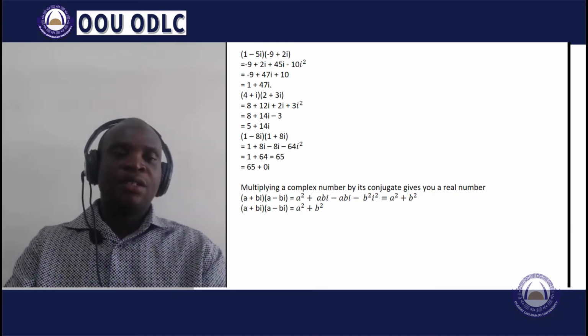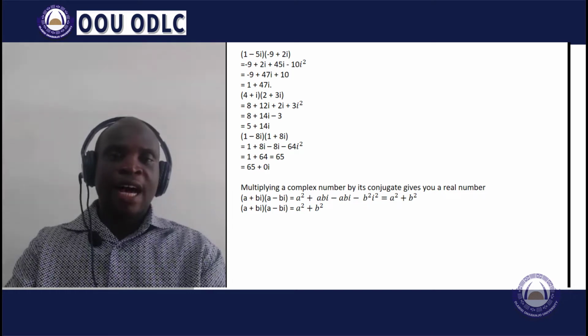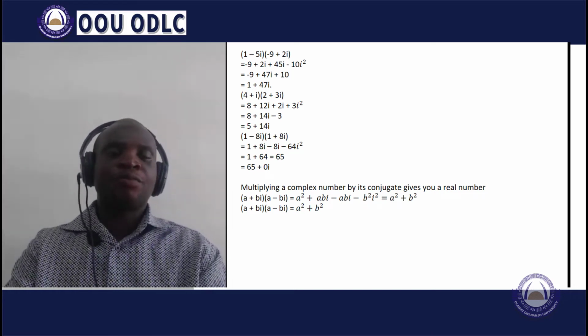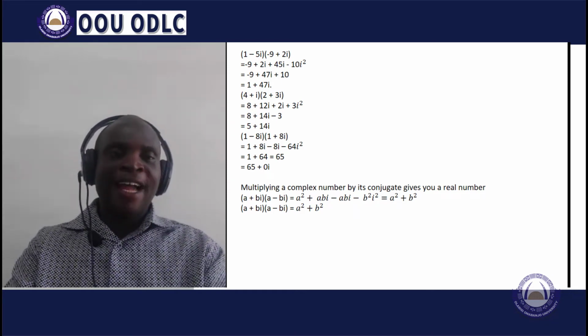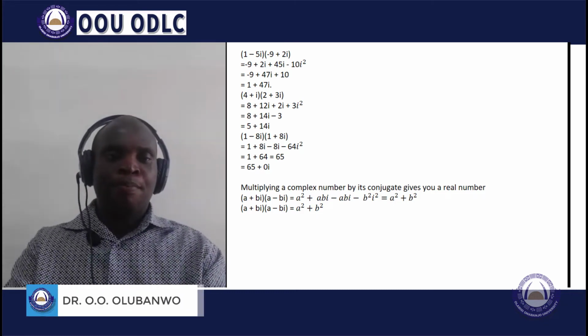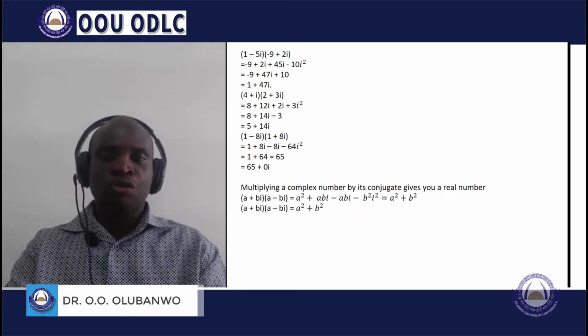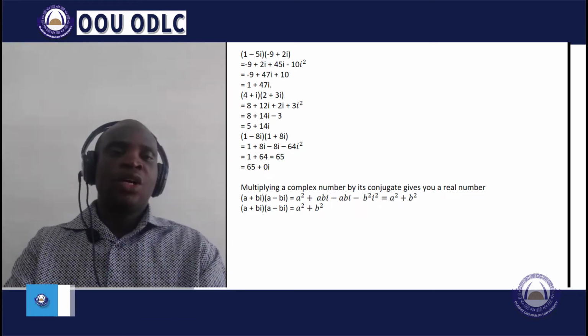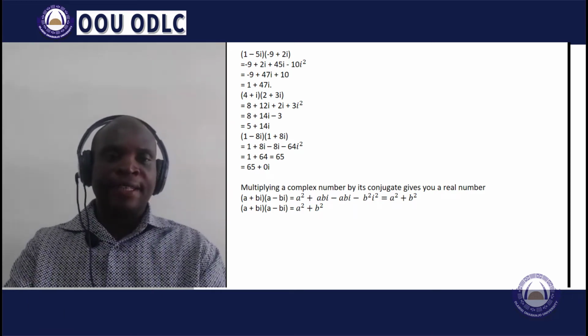Now, the next one. 4 plus i into bracket 2 plus 3i. When you say 4 times 2, you multiply them term by term, the first one by the second. 4 times 2, that will give us 8. 4 times 3i, that will give us plus 12i.